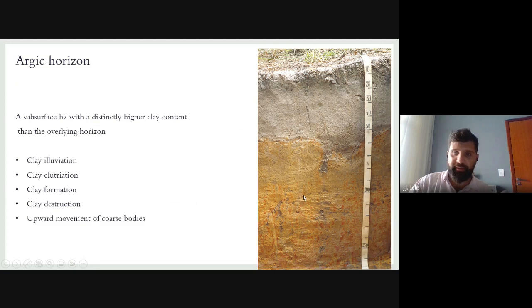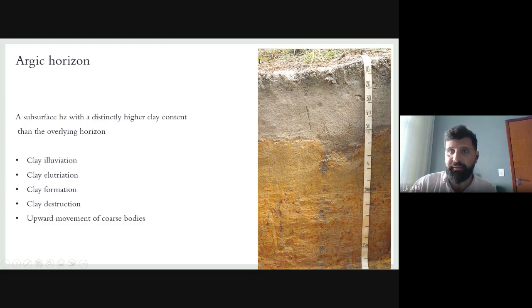This higher clay content in the subsurface horizon is associated with clay illuviation, or migration of clay from the surface to the subsurface horizon due to the migration of water, which carries clay from this area and creates a clayic horizon.